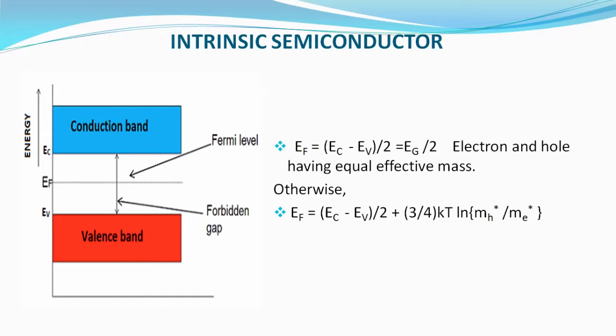Now when we apply some external force there, we have a measurement of that force. The electron gets accelerated, so we will have the electron acceleration, and from the formula F equals m into a, mass into acceleration, we can calculate that mass. But this force which gets applied on the electron is not actually only the force we have applied from outside. There is some internal force as well on that electron due to the crystal structure and atomic bond.